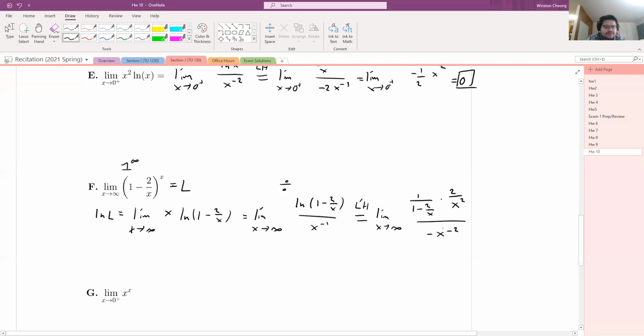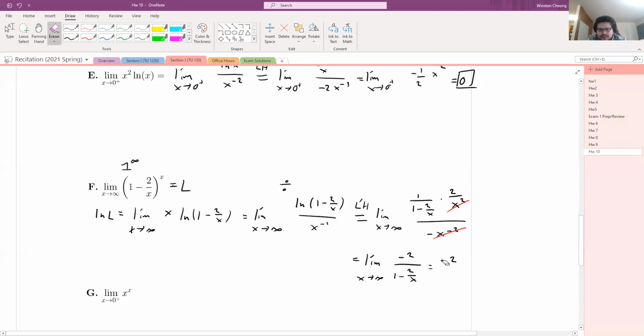The easier way for me to explain this is just imagine multiplying top and bottom by x squared. That's going to cancel this part with this part. And so then we end up with an expression limit of -2 over 1 minus 2 over x. And then you can actually evaluate this. So plugging directly in, you get -2.